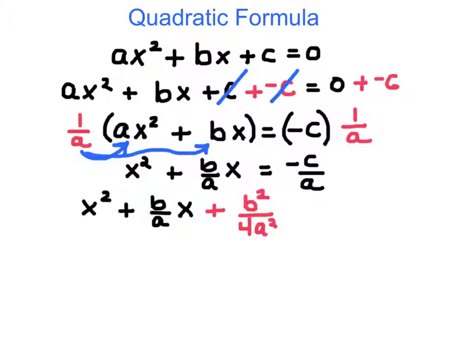And you see, I've just added this to the left-hand side. So in order to keep this balanced, I have to add the b squared over 4a squared also to the right-hand side.